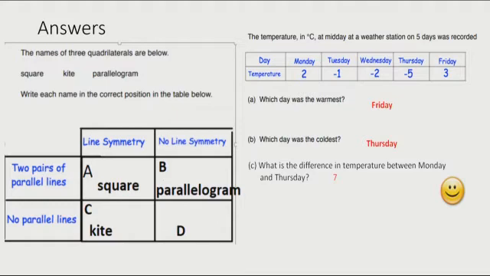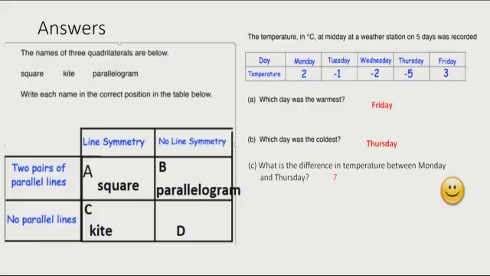And therefore, in region D, based on the 3 shapes given above, there are no names in there. The 3 shapes given are all quadrilaterals, 4-sided shapes.